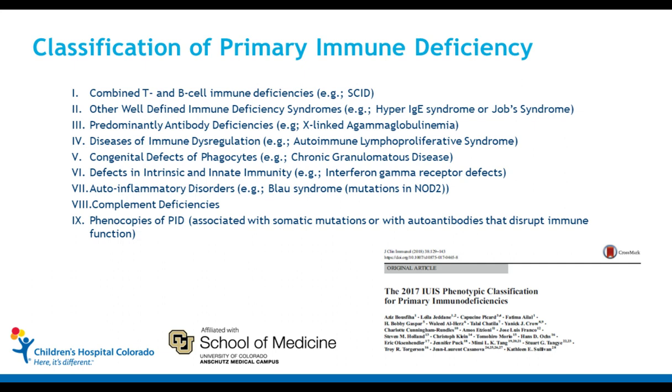So primary immunodeficiency has been studied for many, many years and classified and reclassified as we have learned more about these diseases. The IUIS is the International Union of Immunological Societies, and within the IUIS, the Primary Immunodeficiency Expert Committee has published every year since the 1990s a classification of immune deficiencies.